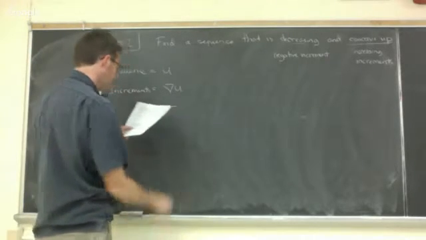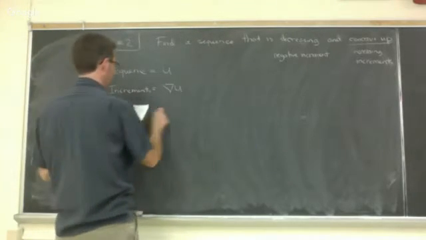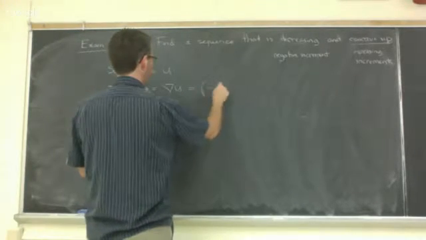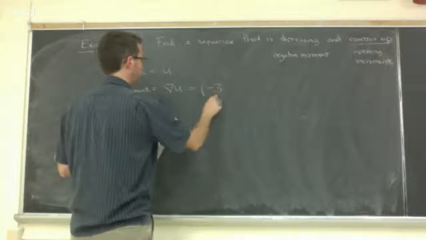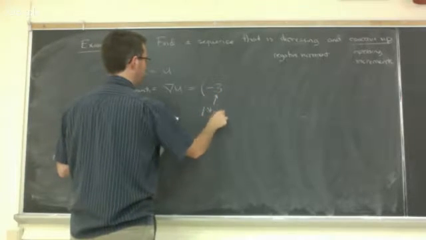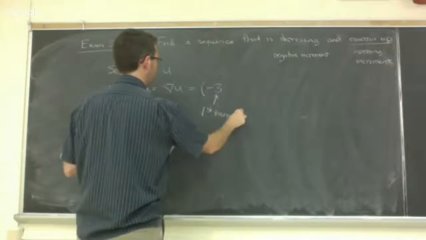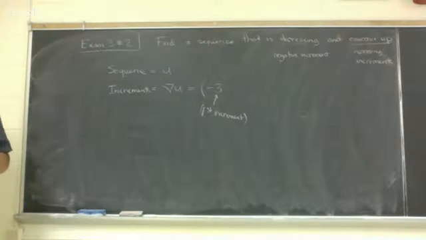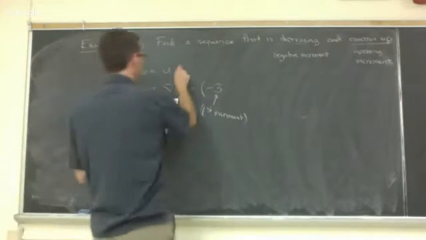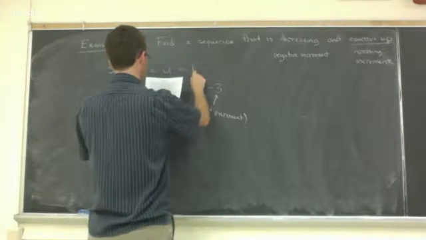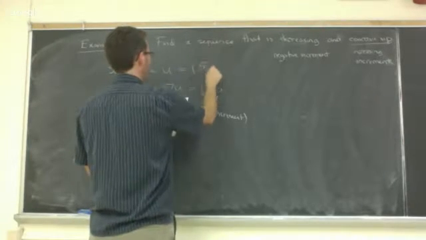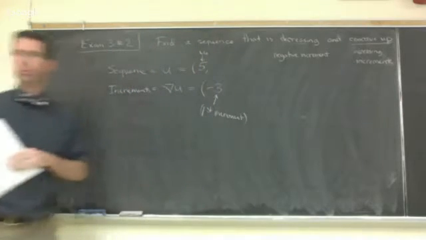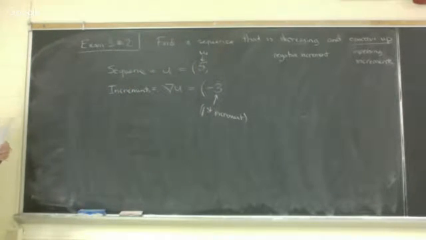So what do we know? We know that my first increment is -3. What else do we know? I know my first value, my 0 value of my sequence, is 5. Okay.